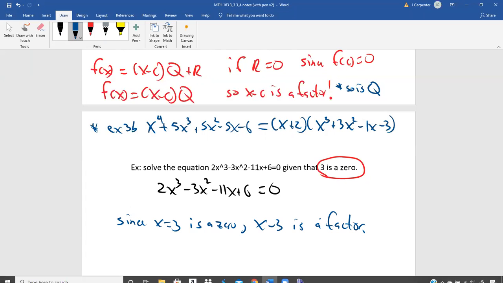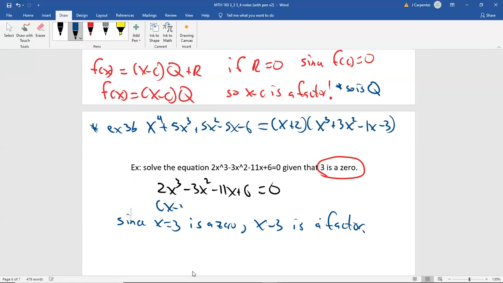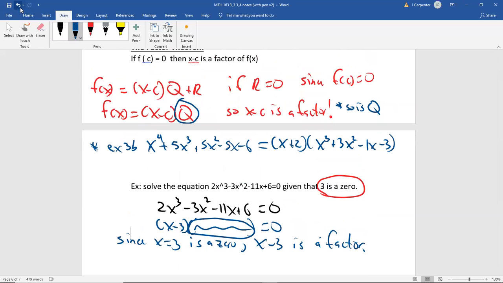I was trying to choose my words carefully. So that means that this right here can be written as x minus 3 times something else. But the question is, what is this something else? Well, the factor theorem says that it's the quotient whenever you do your synthetic division. So, oh, shoot, we do need to do that synthetic division.